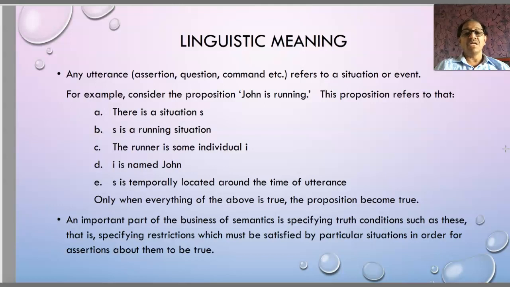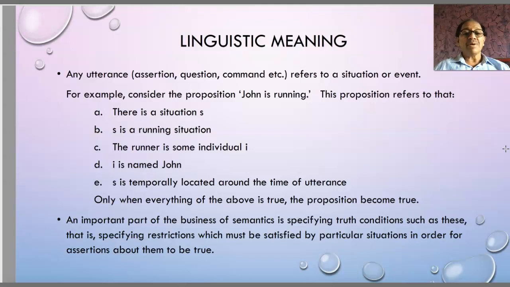And remember, only when all of this is true, then the proposition becomes true. That means there should be a real situation, and that should be a running situation. There should be an individual I in that situation, and that I should be called John, and that situation must be temporally located around the time of the utterance. All this must be true, only then the proposition becomes true.